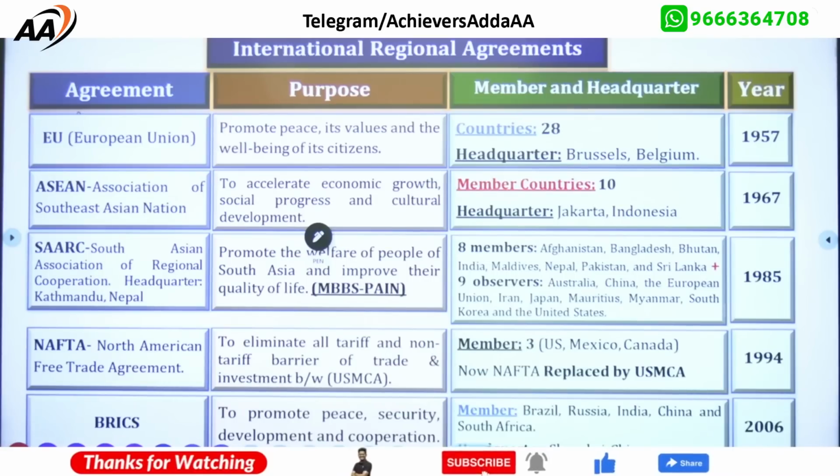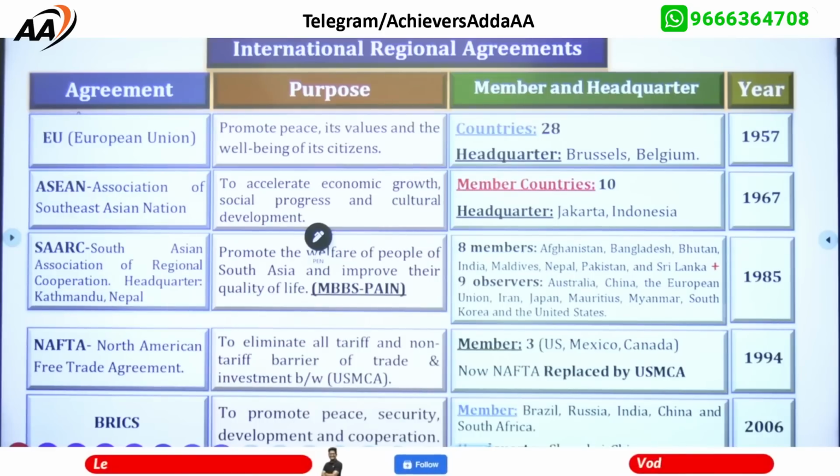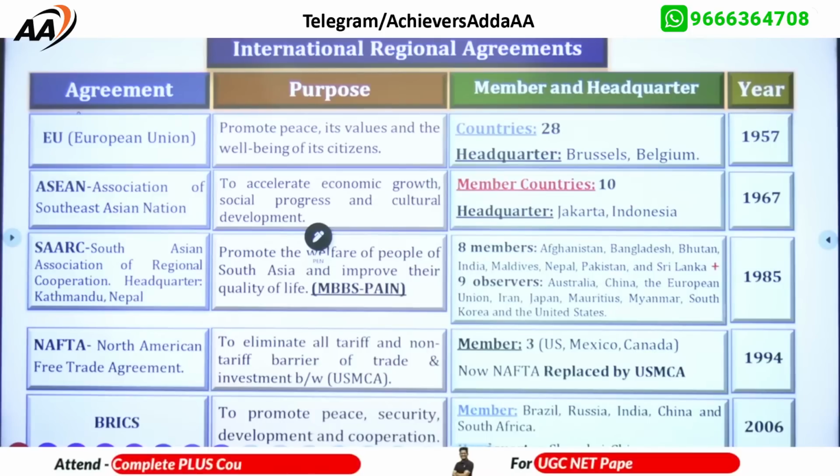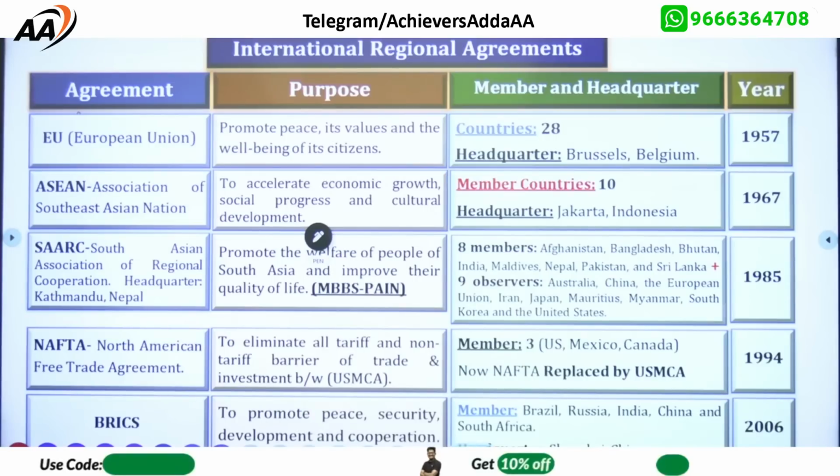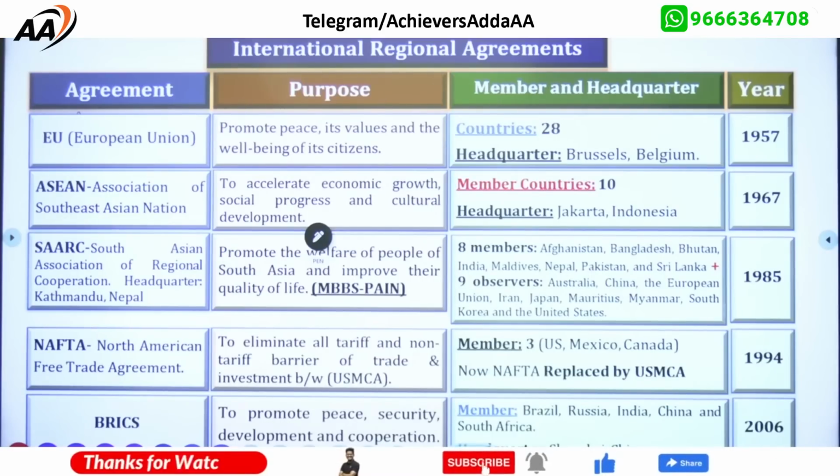Now let us start. Another important item. Every topic which I am bringing, damn sure there will be a question from each of the slides in any one exam.